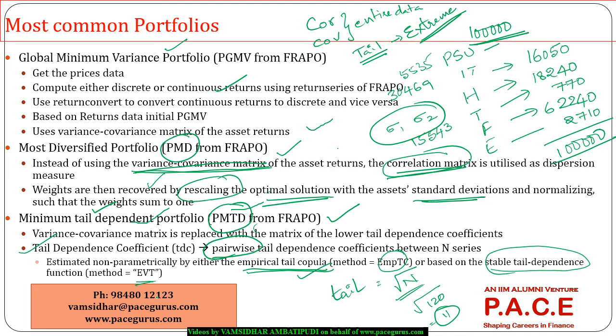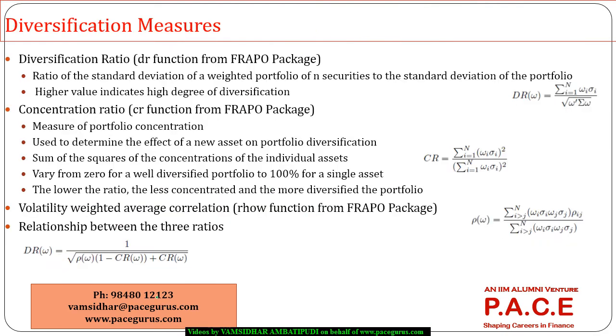Now, we'll look at the diversification measures on the portfolio that is created. Here I want to talk about three important measures. One, the diversification ratio. Then we have a concentration ratio, and we will look at the volatility weighted average correlation.